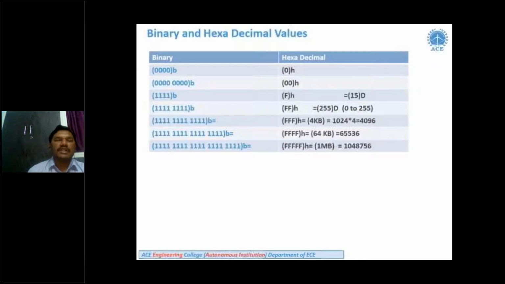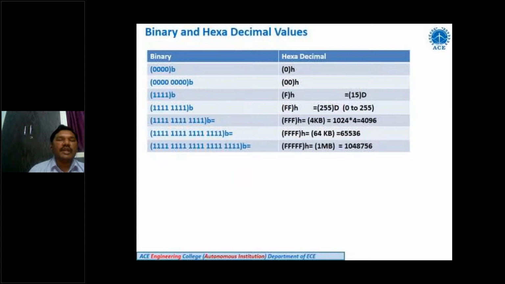See how to write that one. Twenty zeros give the first address, because one hexadecimal digit is equal to 4 bits. 4 ones is one F, 8 ones is 2 Fs, 12 ones is 3 Fs, and 16 ones is 4 Fs.